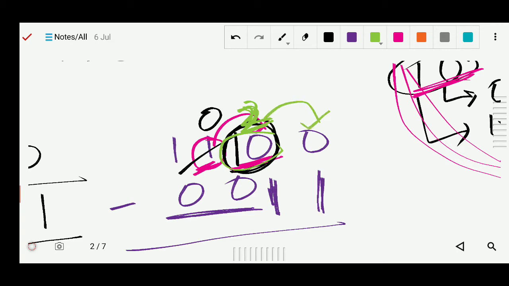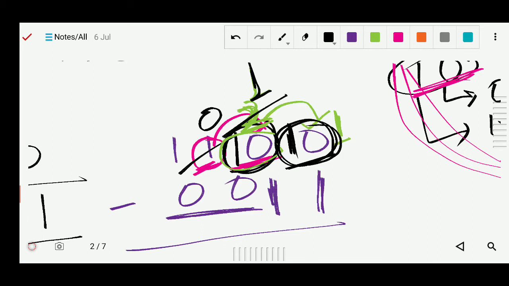So 1 will give to this side and 1 will give with him. So this became 1 now. Next, now this 1 will be here. So this is now 10, because this 1 and 0 come together and become 10.